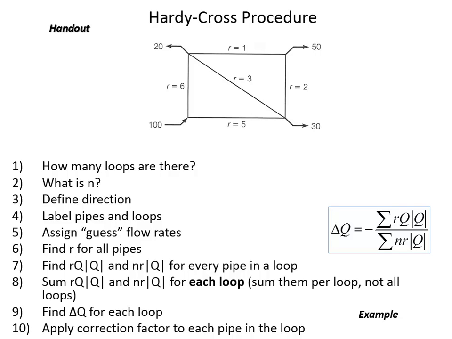But now when we're working in loop 2, that's a negative direction. And that's probably the most common mistake people make when they're working these problems: you need to have the negative sign for the common pipes between loops have an opposite flow direction when you're switching from one perspective to the other.